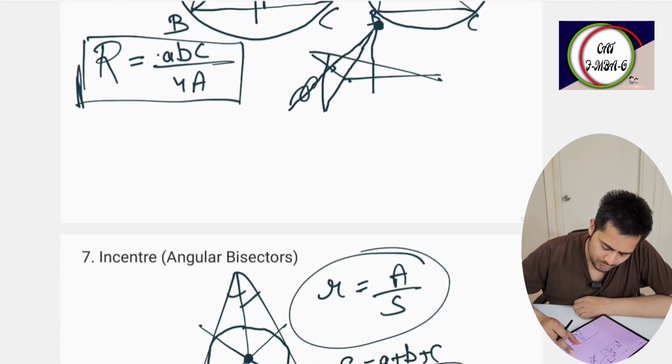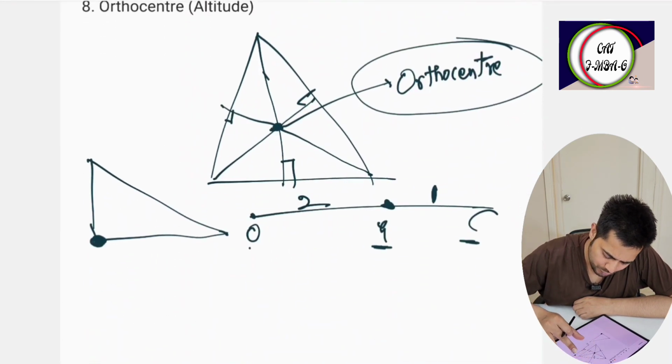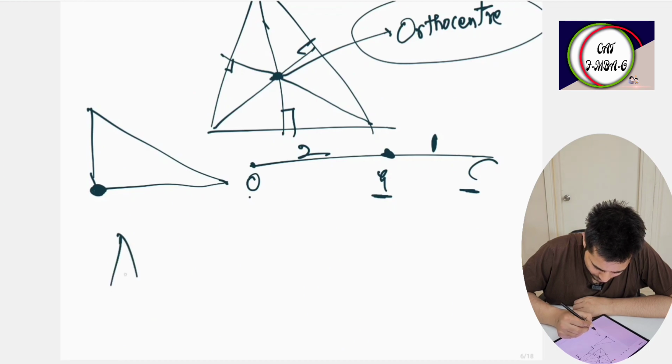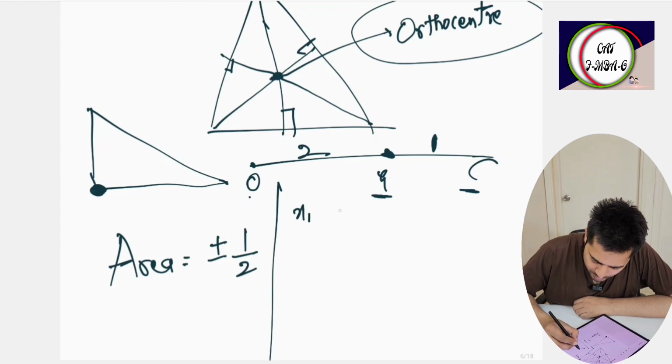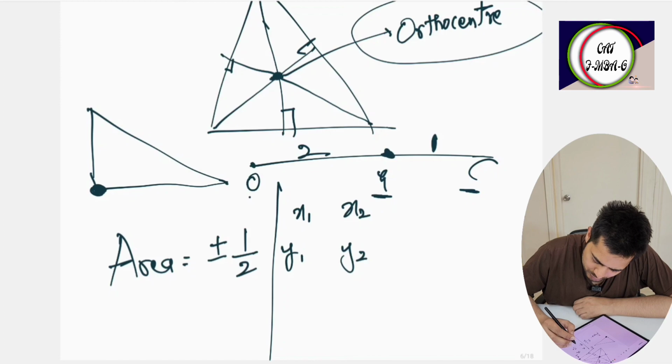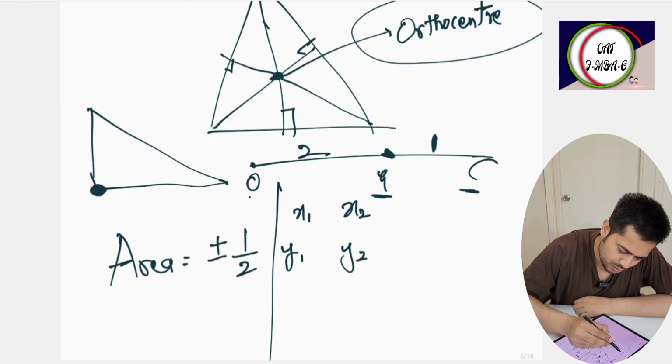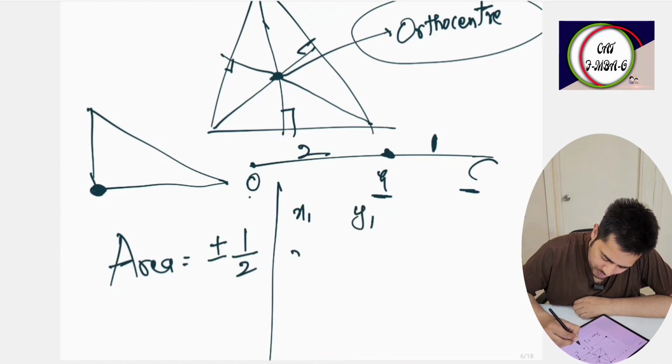Okay, and in case of triangles, there is also an area formula: plus or minus half of a determinant. The rows are x1 y1 1, x2 y2 1 and x3 y3 1.